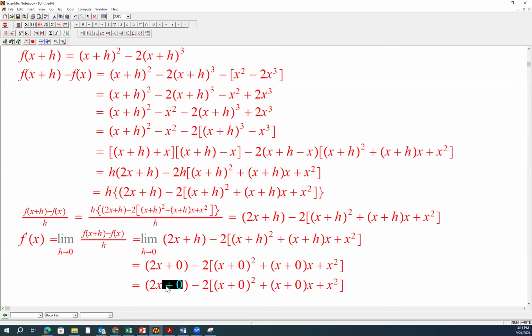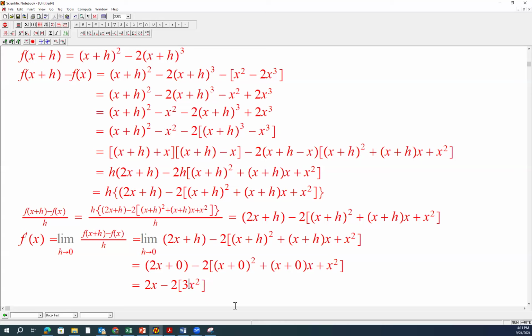2x plus 0 is 2x. Remove parentheses. 2 times x plus 0, that's going to be x squared. X plus 0 times x, that's going to give me another x squared. And we got 3x squared inside.